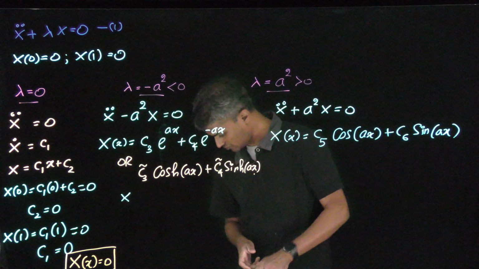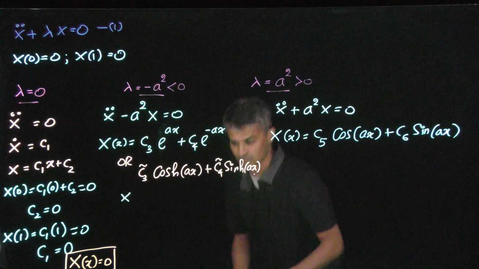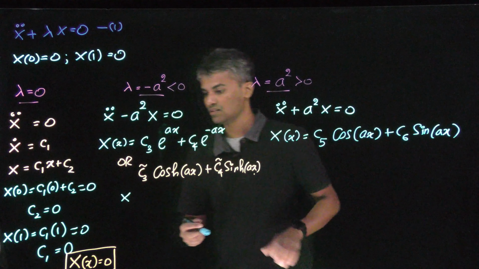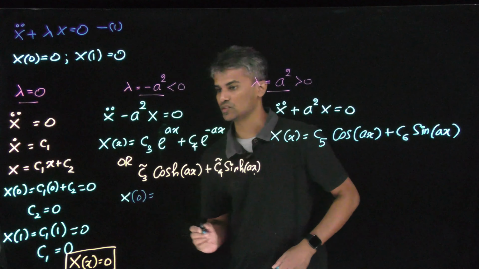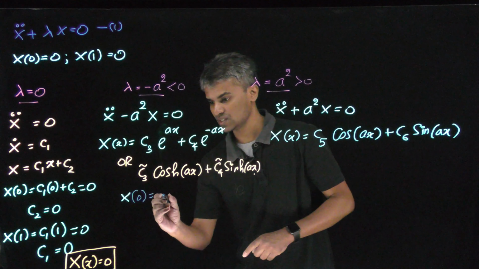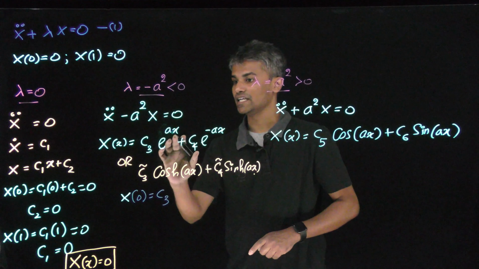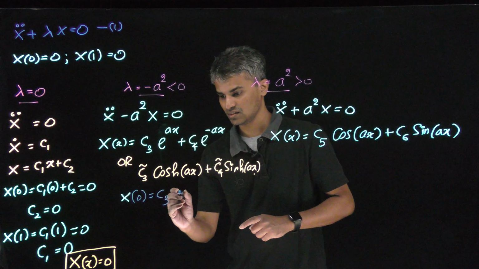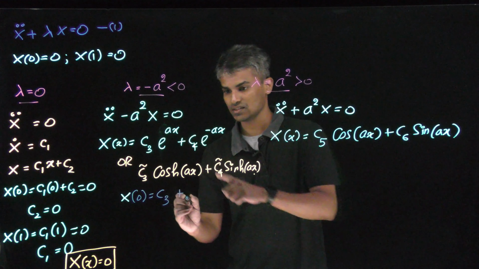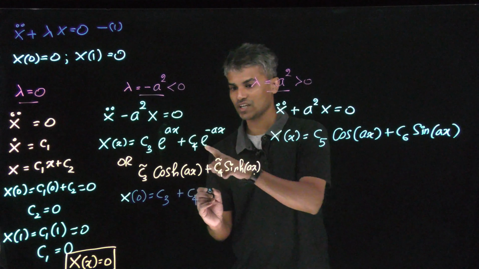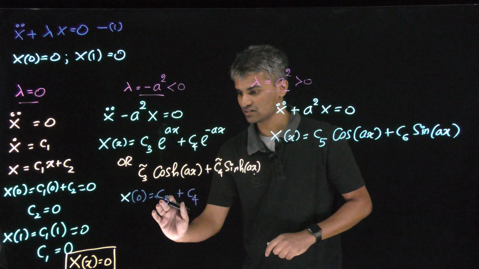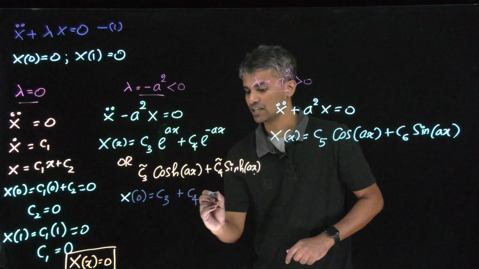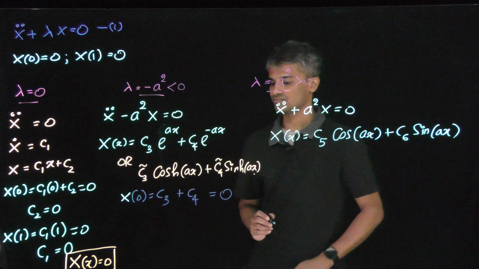Big X at 0 equals c3 times e to the 0, which is 1, plus c4 times e to the 0, which is also 1. So we have c3 plus c4 equals 0.